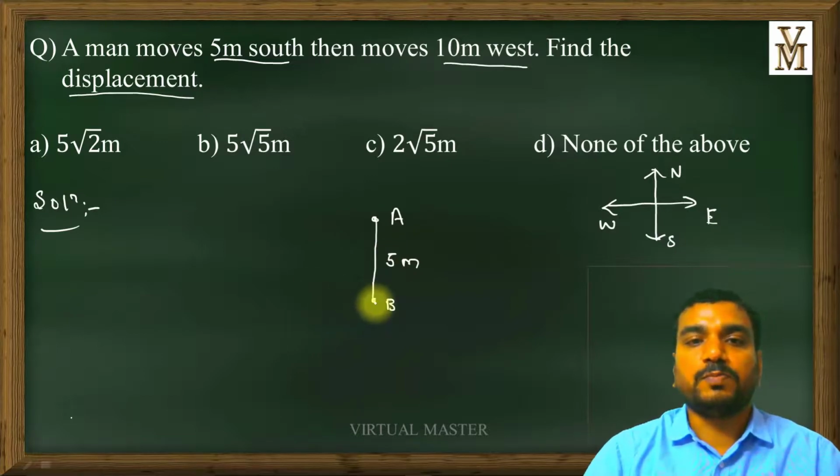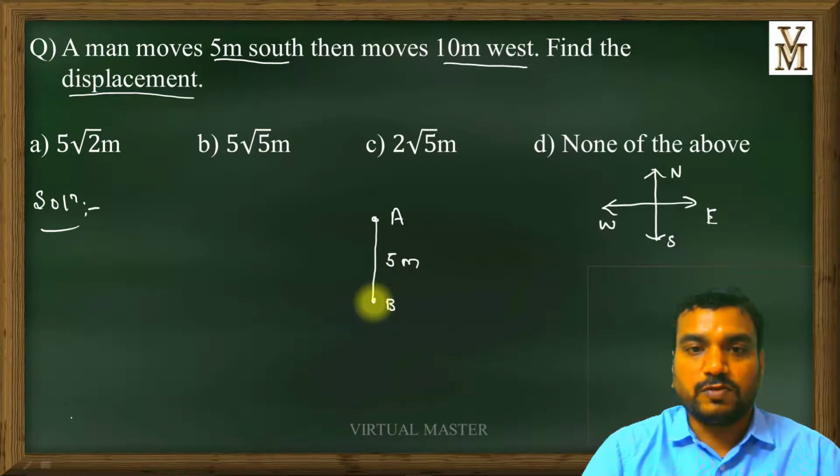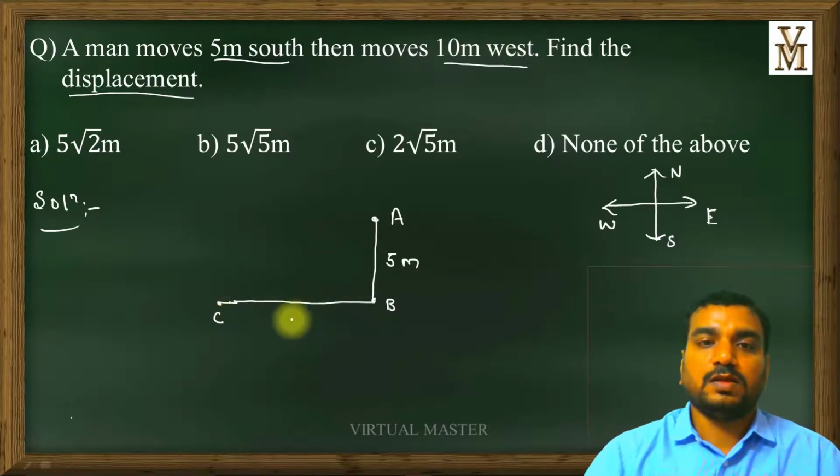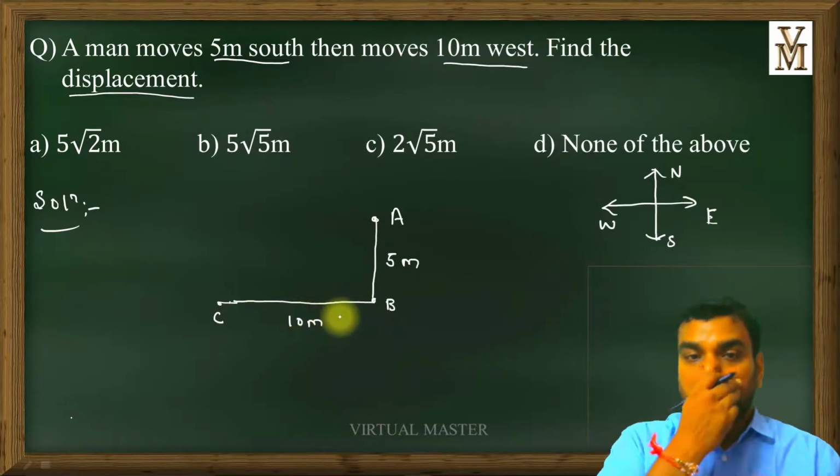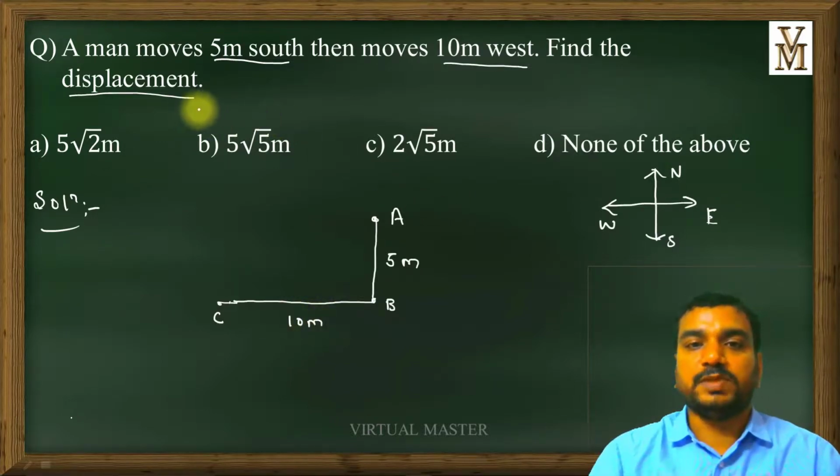Okay. Now from point B he is moving 10 meter to the west. Okay, I will call this point as C. And the distance between B and C is 10 meter. Now we have to find the displacement.